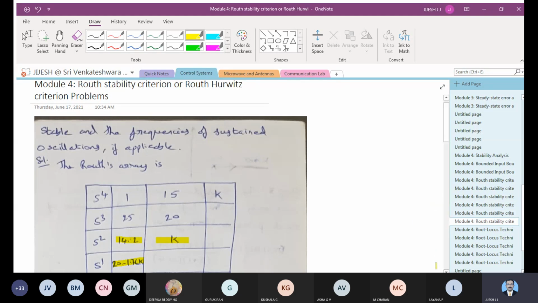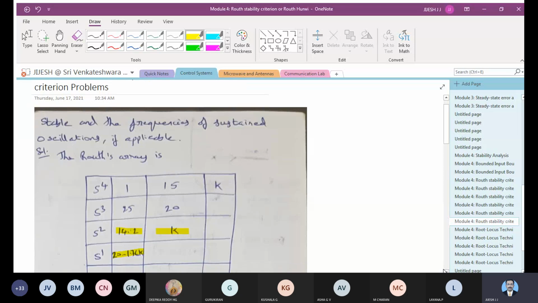So what is the value you got? Has anyone done the last one? It's not difficult. What will be the last value? Because the terms get cancelled out. What is the last one, s to the power of 0?